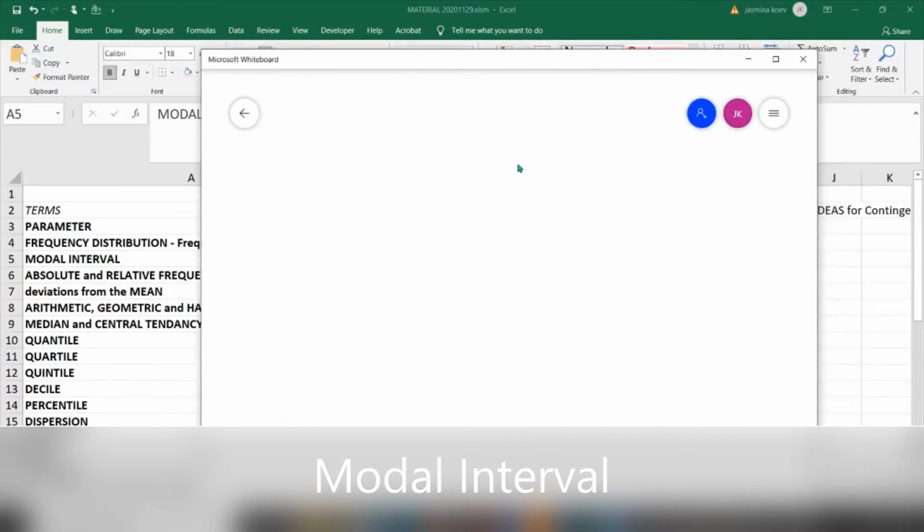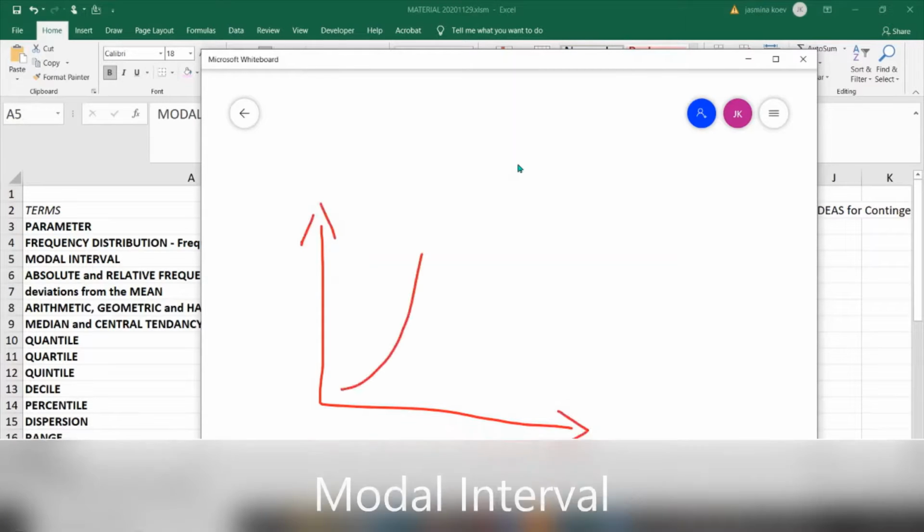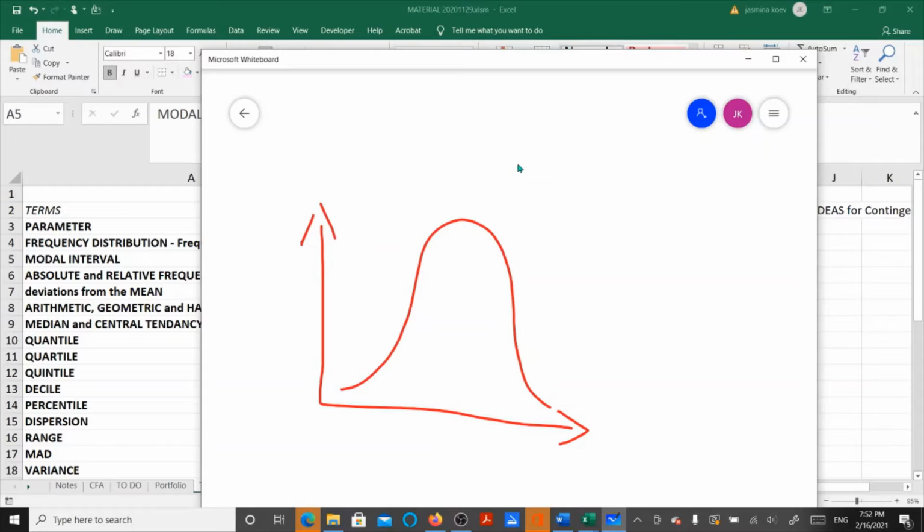What I mean by modal interval, here on our axis again, let's say we separate these out by 10%, 20, 30, 40, 50, 60, and this is from 0 to 10, 10 to 20, and so on.